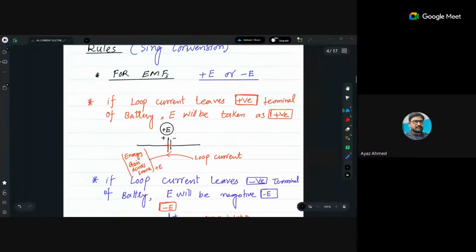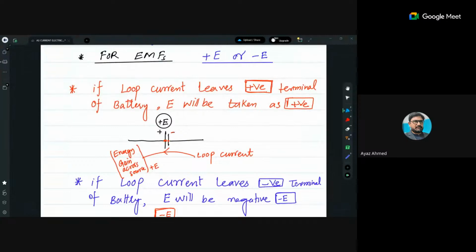Remember one thing. I will let you know about the reason, but remember that if the loop current leaves the positive terminal of the battery, then E will be taken as positive. This is what you will recall, but what is the reason behind that, I will explain to you. What you have to recall for your exam is how to apply it; it would not be asked to you to state rule number one.